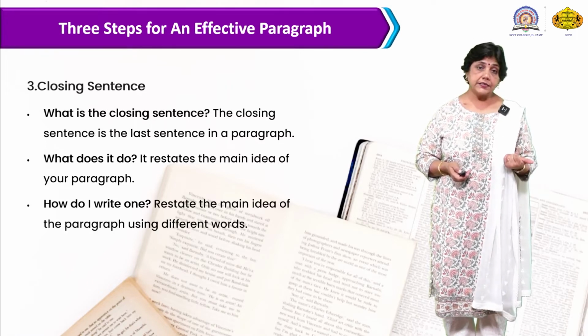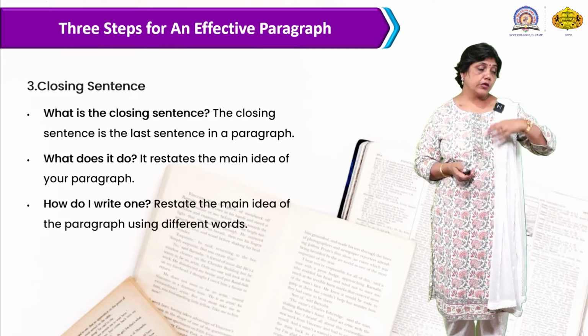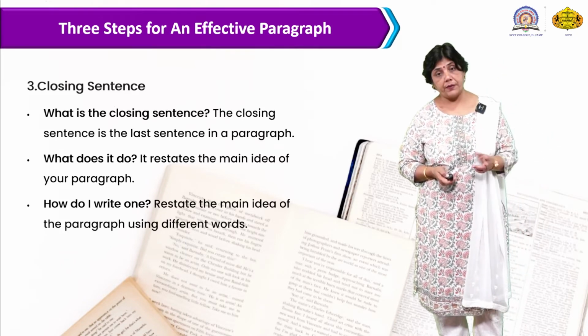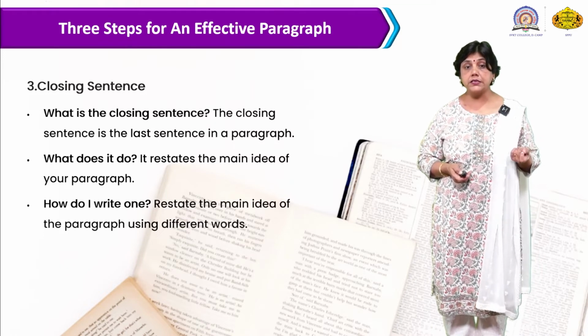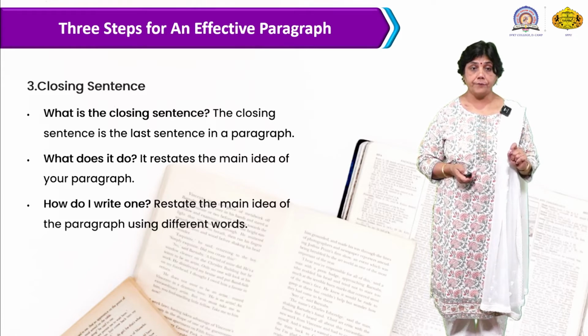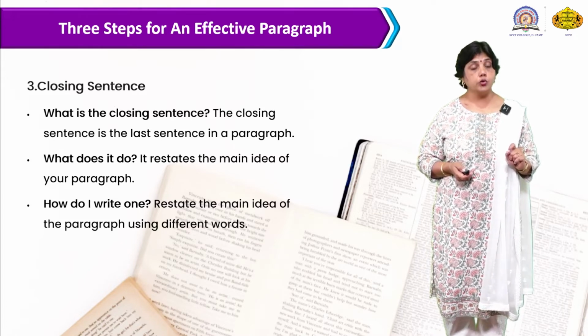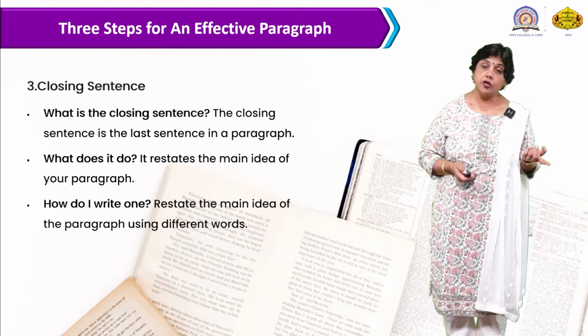Now the last part of an effective paragraph is the closing sentence. All of a sudden you cannot jump from paragraph A to paragraph B. You have to give a closing sentence. What is a closing sentence? The closing sentence is the last sentence in a paragraph. What does it do? It restates the main idea of your paragraph.